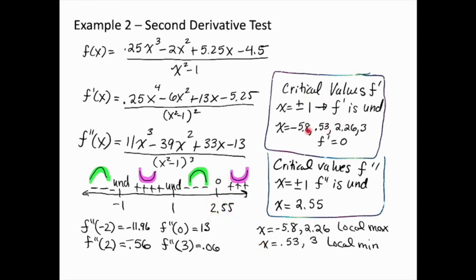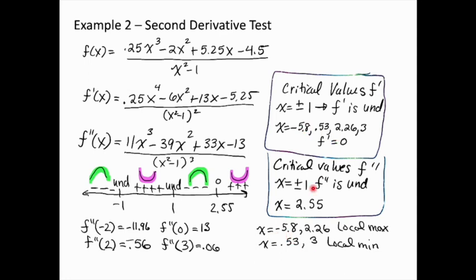Now, using the critical values from the first derivative, I can find where I have my local maxes and mins based on the second derivative test, where we're looking to see where the interval is concave up and concave down.